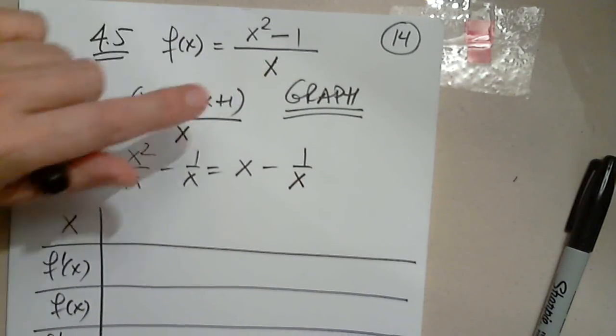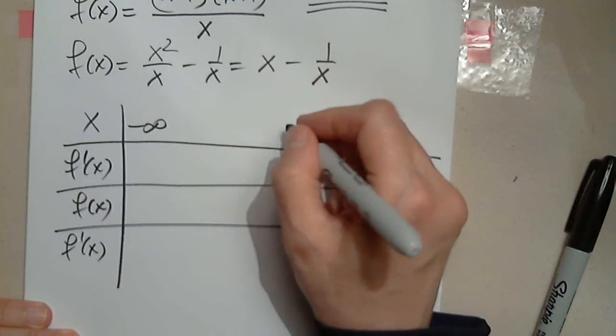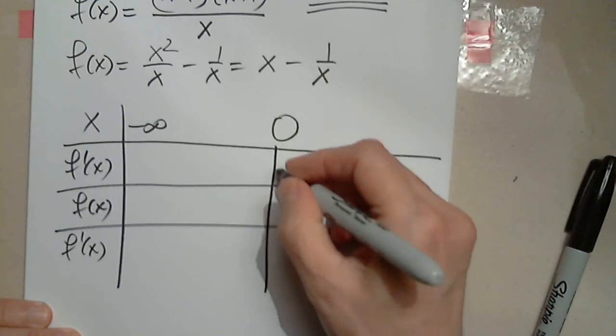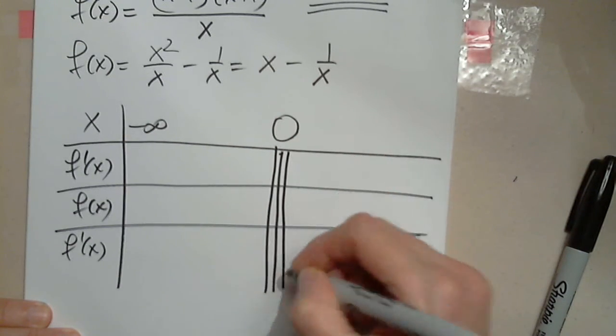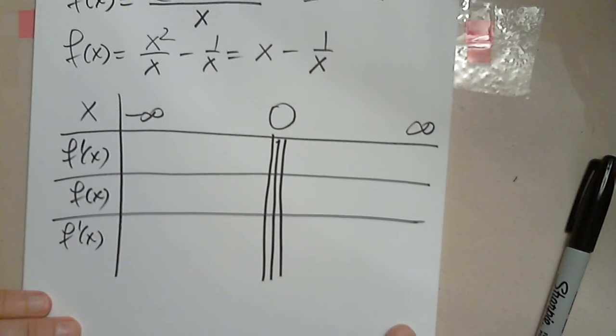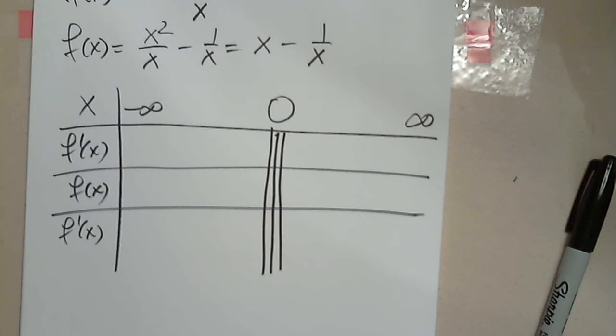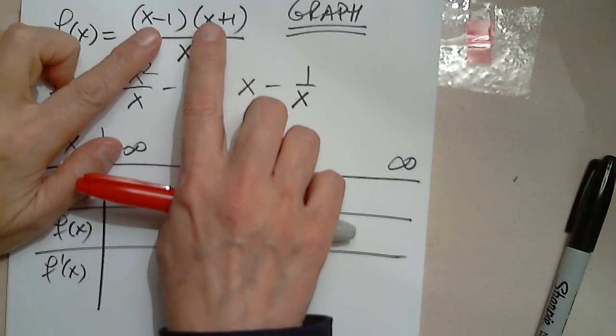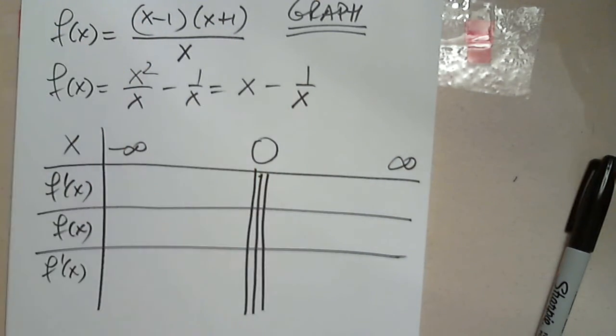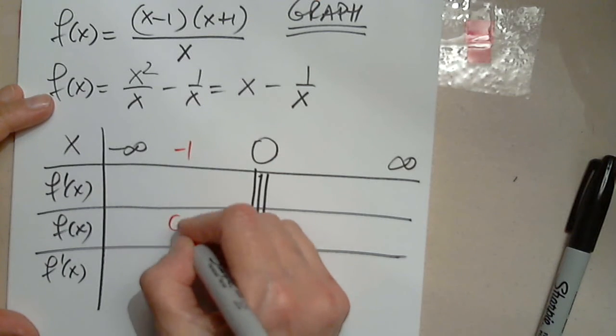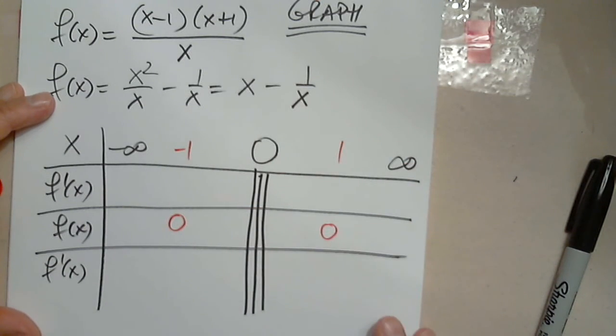Obviously, the function is not defined at 0. So therefore, its derivatives will not be defined at 0. I know the function has negative 1 and 1 as x-intercepts.